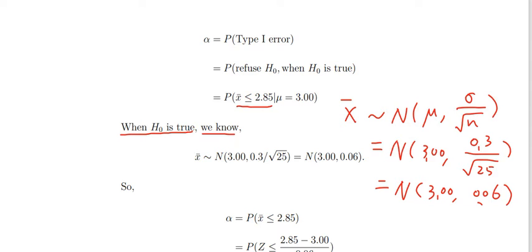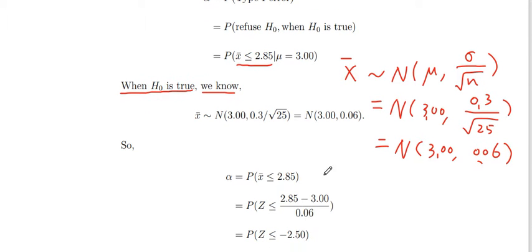Now finding alpha becomes easy. Alpha is the probability that X bar is less than 2.85, when X bar follows this normal. Such a problem is just finding a probability for a normal distribution.